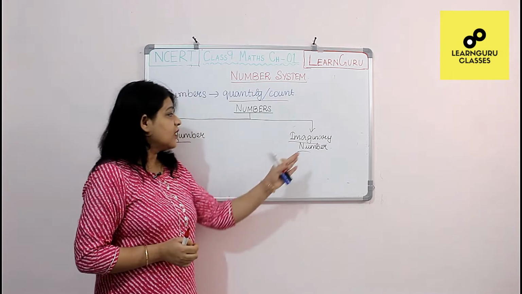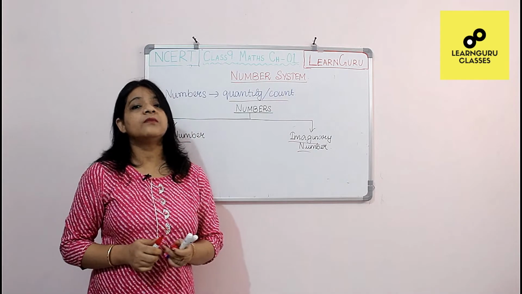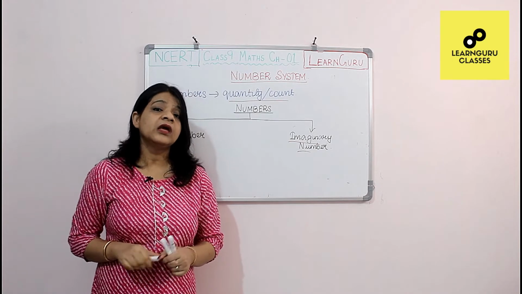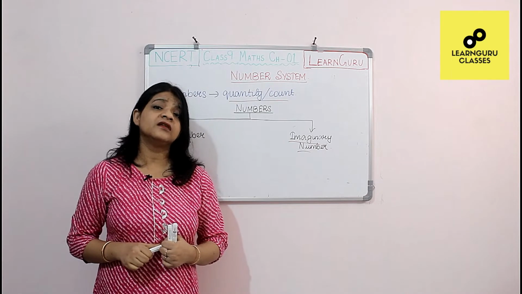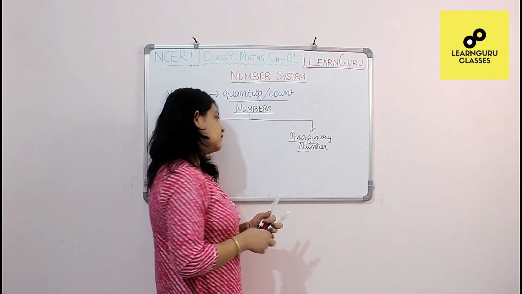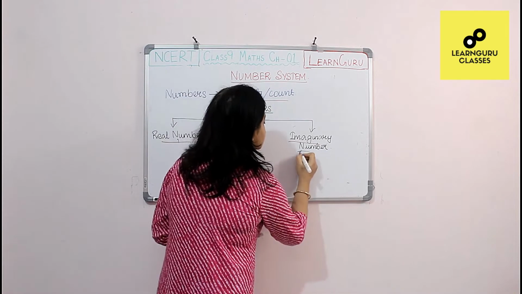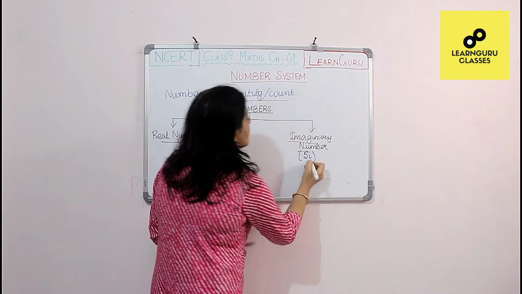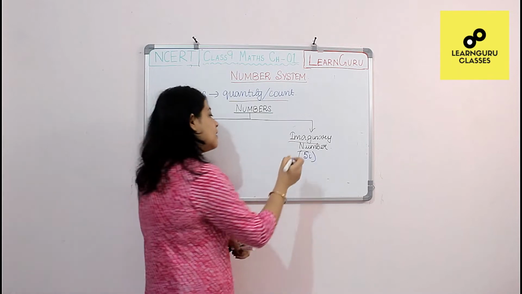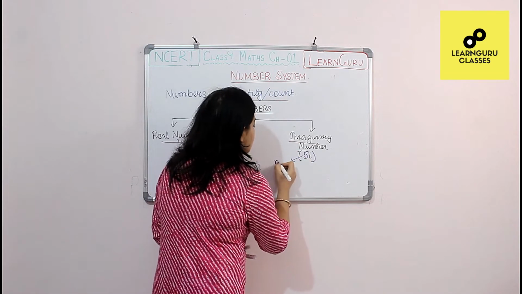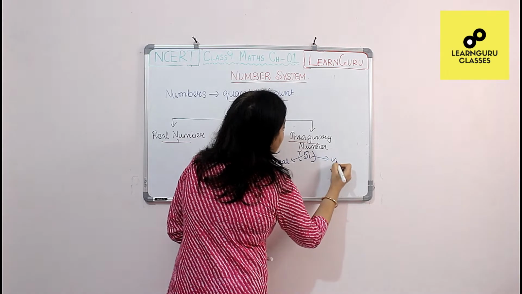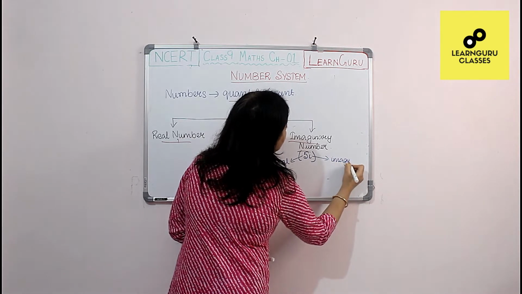On the contrary, when we talk about imaginary number, what is the literal meaning of imaginary? Imaginary means something that is not real. Let me take an example: 5i is an example of an imaginary number, where 5 is a real number and it is accompanied by an imaginary notation.